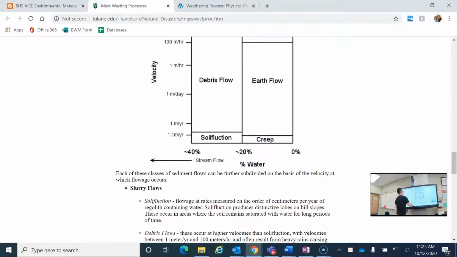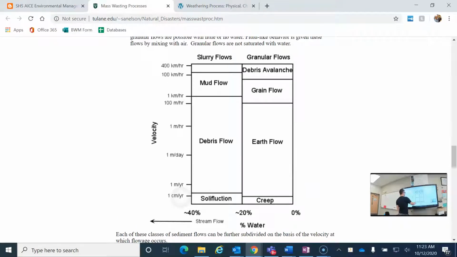All right, you can see down here the solifluction, not soil fluxion, and I think I had that written wrong on the original blog, so I'm going to hopefully go back and change it before you read it. Solifluction, not soil fluxion. All right, and so that's going to be very slow. You can see the velocity of the movement here. Very slow, but wet.